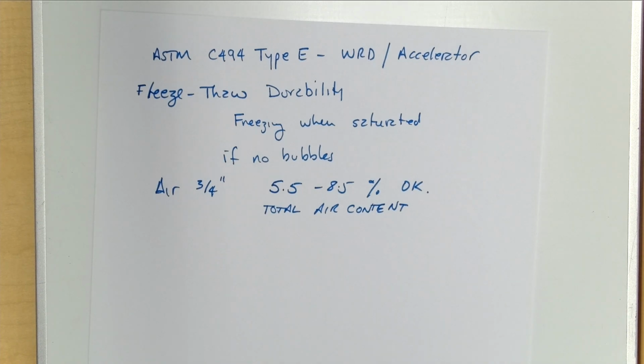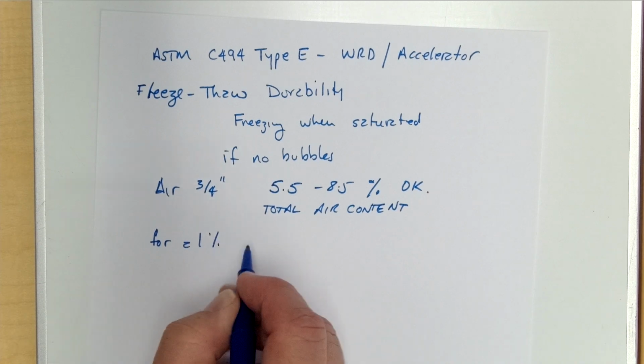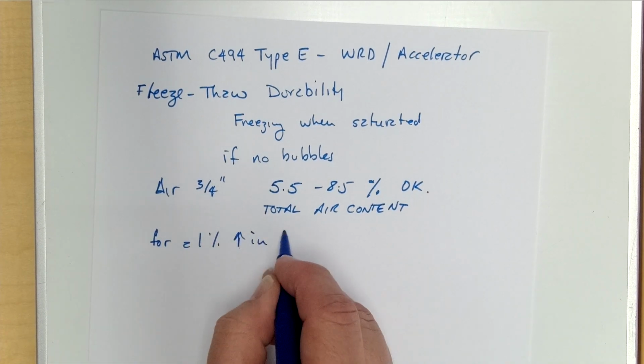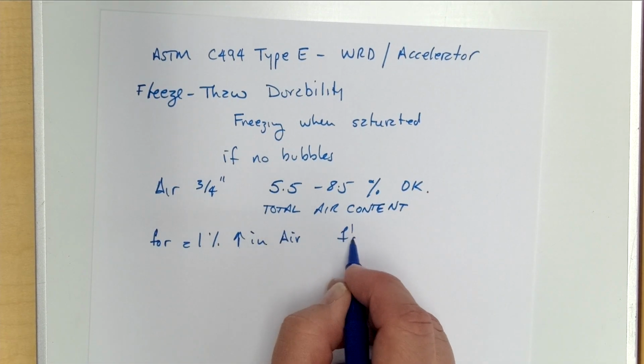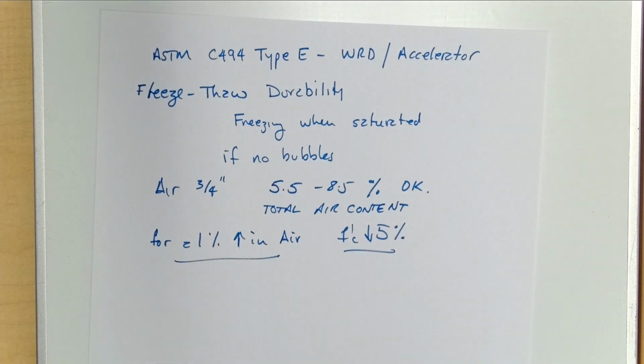Now, why do we have an upper limit? The lower limit is to make sure that the bubbles are close enough together, right? The upper limit is because for a 1% increase in the air, the strength goes down 5%. So if you remember, we have two lines on our curve, right?